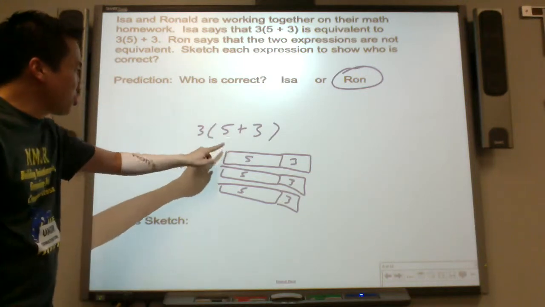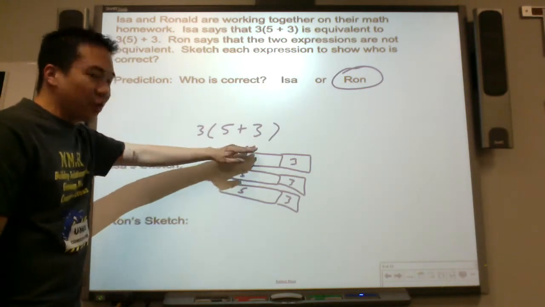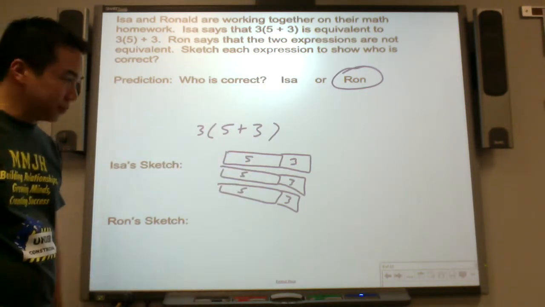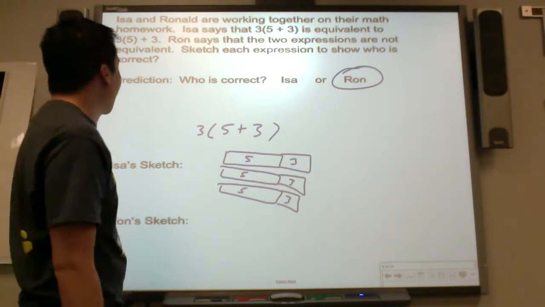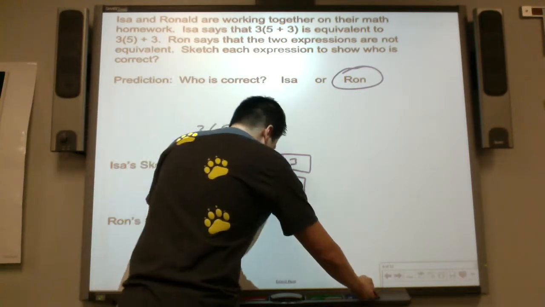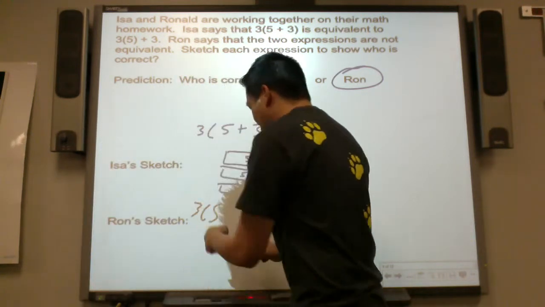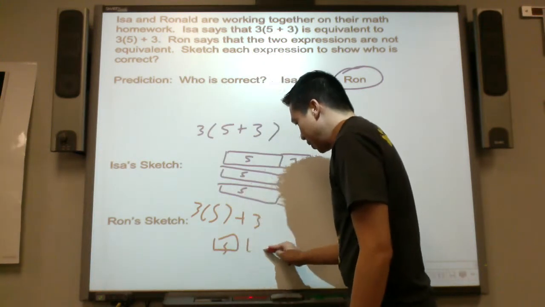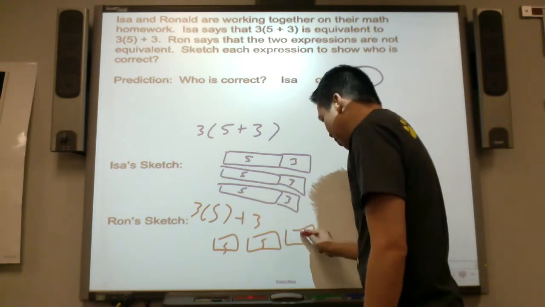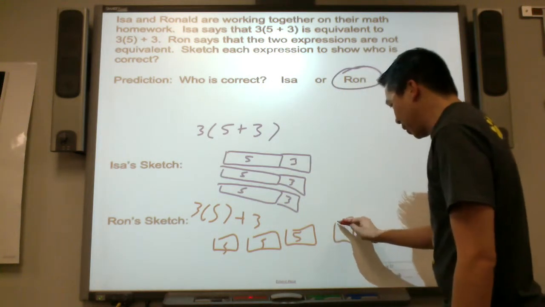She says there are 3 groups of it, 3 groups of 5 and 3. Ron, on the other hand, said his problem is this: 3 groups of 5 plus 3. So we have 3 groups of 5, 3 groups of 5, 3 groups of 5, and just a 3.